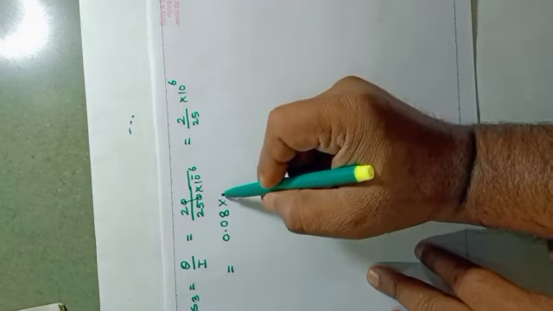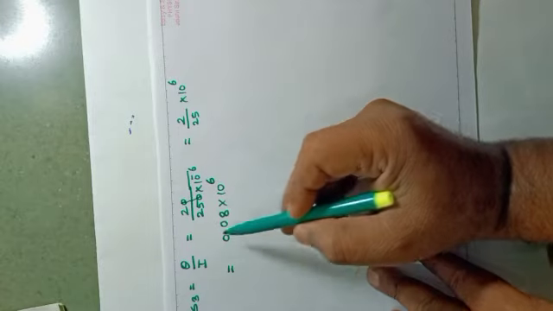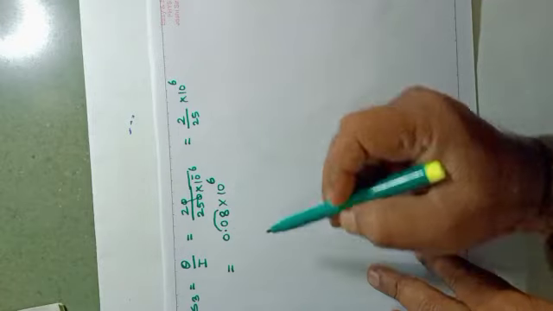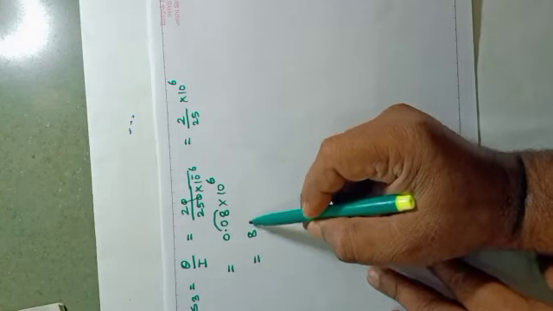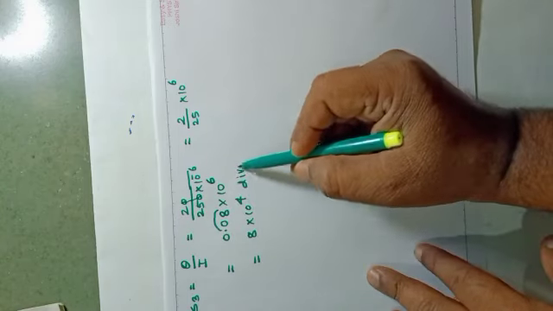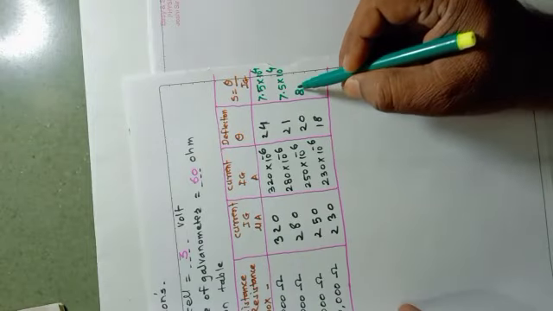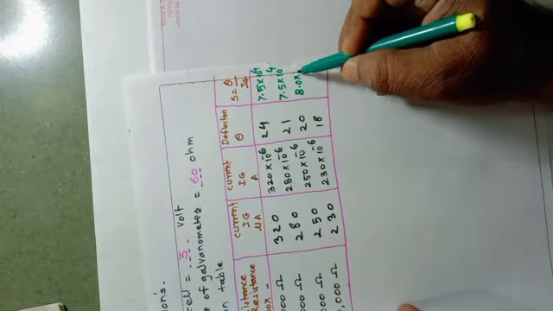So here 0.08 into 10 raised to 6. If we can shift the decimal point, it will be 8 into 10 to the power 4 division per ampere. So the third sensitivity becomes 8.0 into 10 to the power 4.